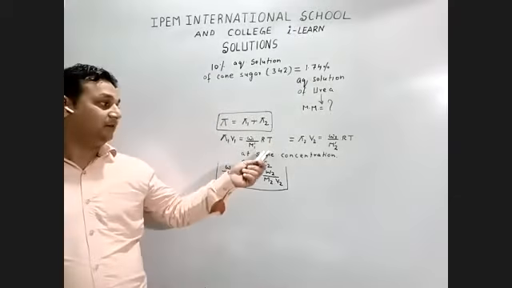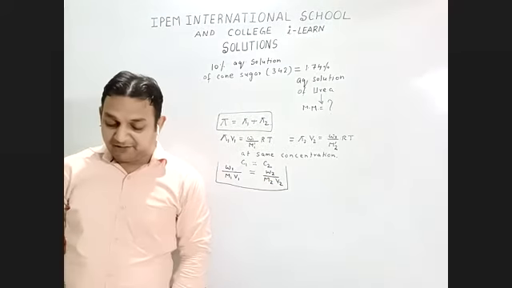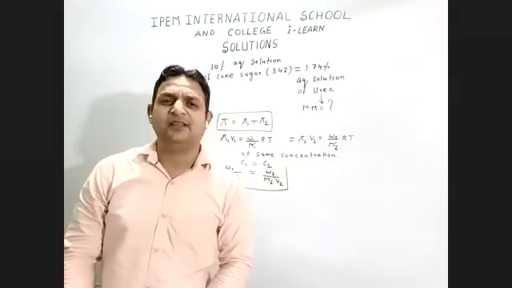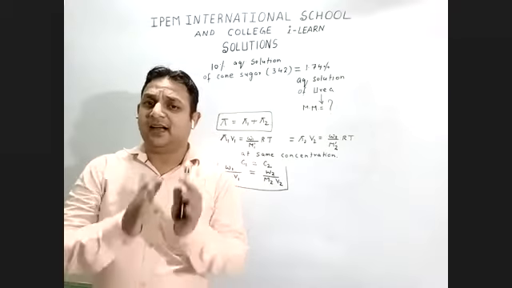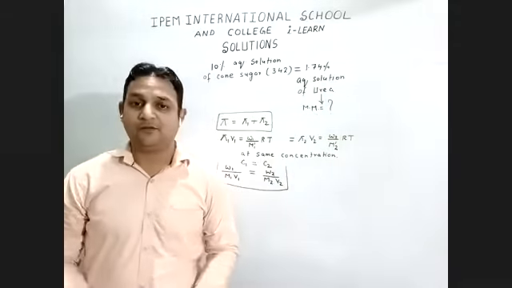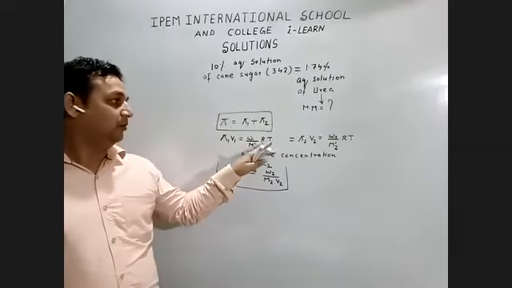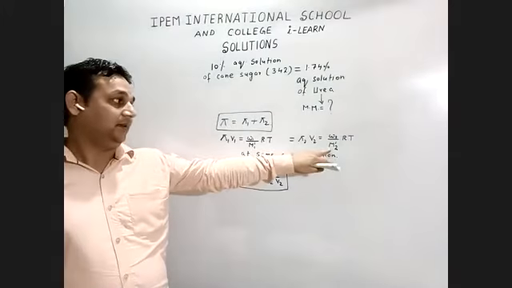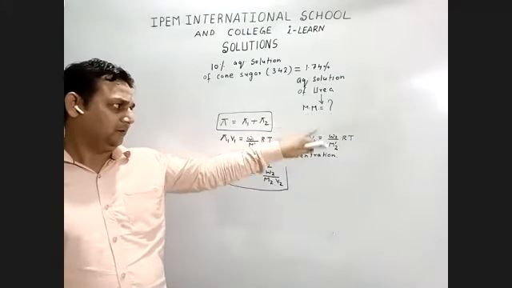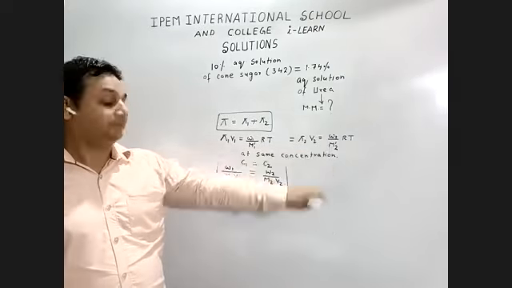You have to apply this formula in order to find the molecular mass of urea, because they have mentioned that an aqueous solution of cane sugar, molecular weight 342, is isotonic with a 1.74% aqueous solution of urea. And you have to find the molecular mass, that is, either you take M1 or M2, the molecular mass of urea. This you have to find.